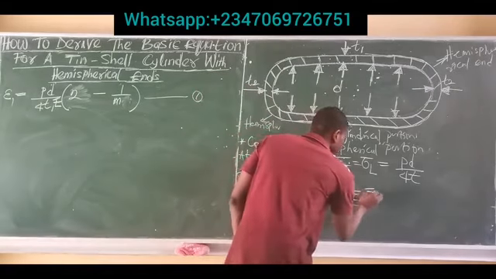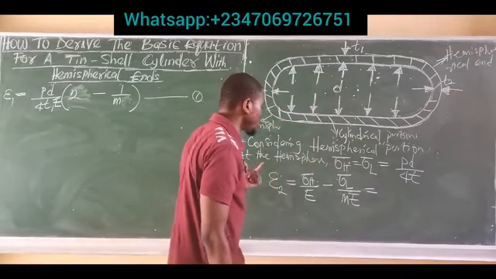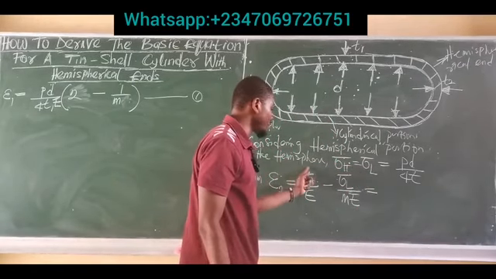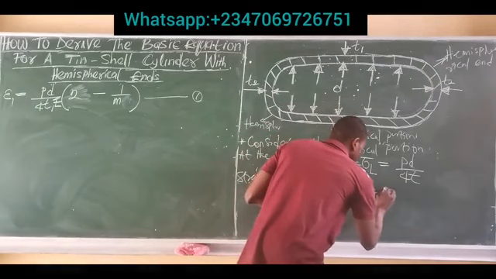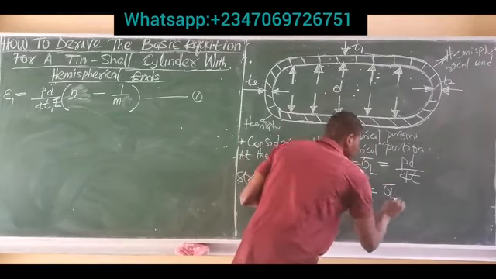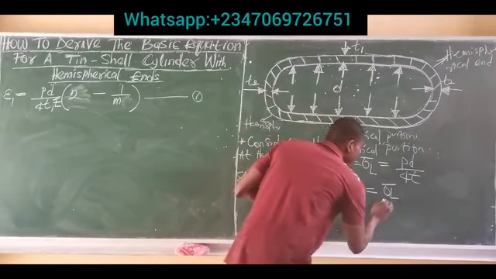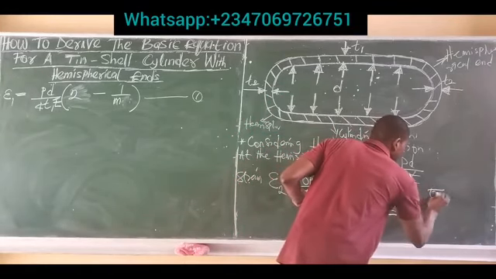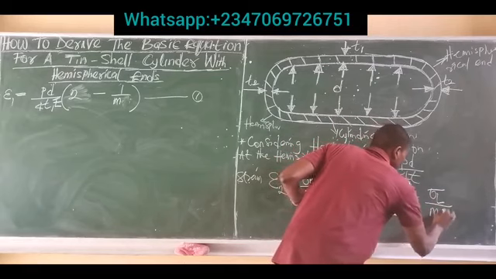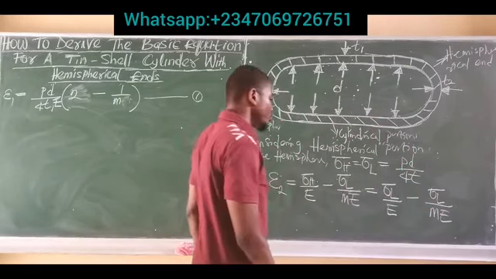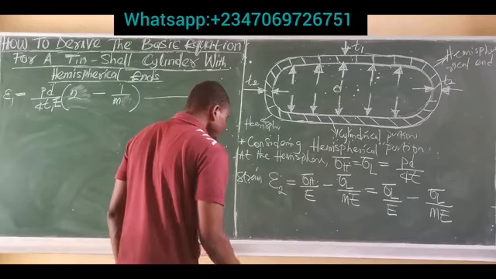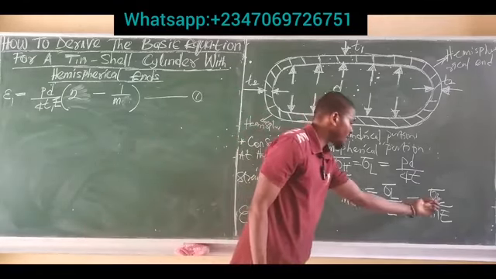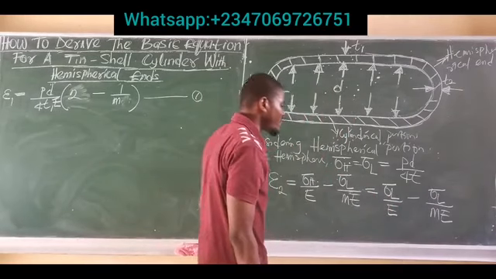Now, we said at the hemispherical portion, the hoop stress is equal to the longitudinal stress. That means in place of hoop stress, we simply write the longitudinal stress. So this becomes longitudinal stress all over Young's modulus minus longitudinal stress all over Poisson ratio multiplied by the Young's modulus. So strain 2 is now equal to longitudinal stress over Young's modulus, since they are common and you can factor them out.